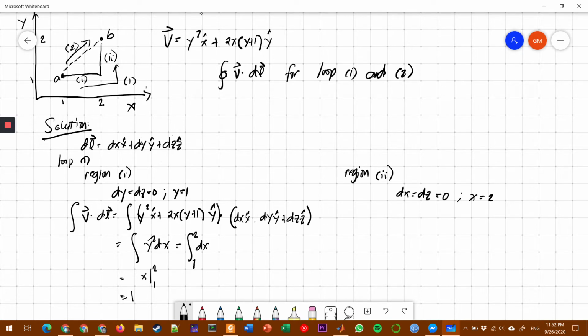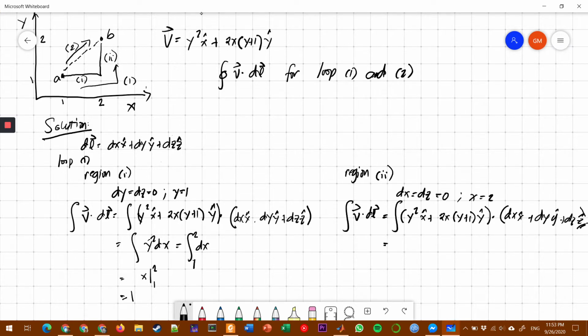Now let's do it again. This time taking the integral of v dot dl. So the same process again. So we have y squared x hat plus 2xy plus 1, and we have y hat dot with your dl, which is dx x hat plus dy y hat plus dz z hat. Okay, close the parenthesis.